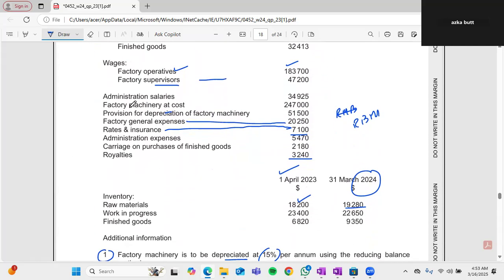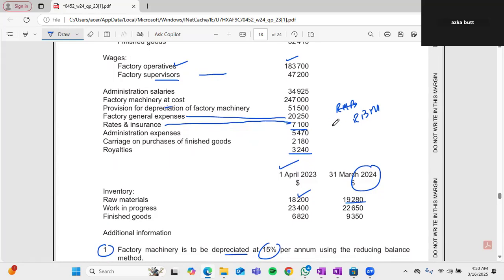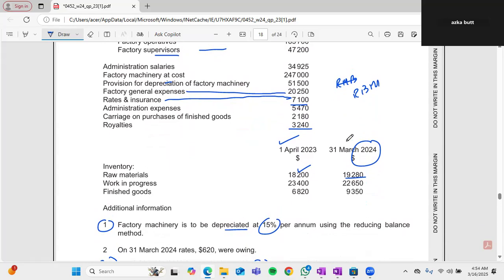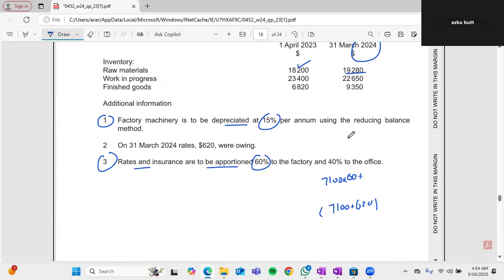As you can see, we have the factory machinery at cost, which is 2,47,000, and we also have the provision for this machinery, which is 51,500. First of all, we need to deduct the provision for depreciation from the cost, and we will get the net book value. After getting the net book value, we will apply the 15% on it, and we will get the depreciation for this year.